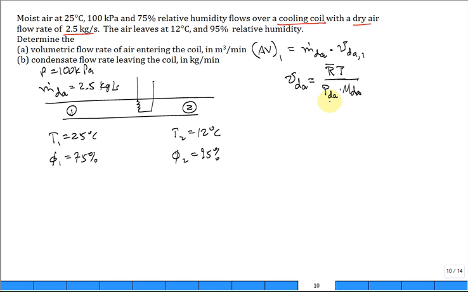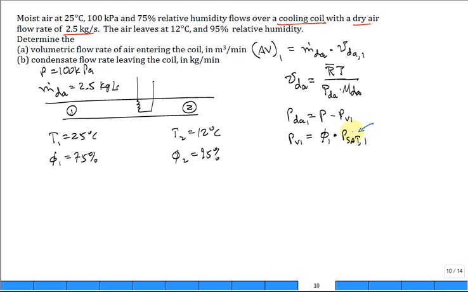And to get the partial pressure of the dry air, we need to subtract off the current vapor pressure. And the vapor pressure is equal to the relative humidity times the saturation pressure coming in. It comes in at 25 degrees C. So the saturation pressure at 25 degrees C.